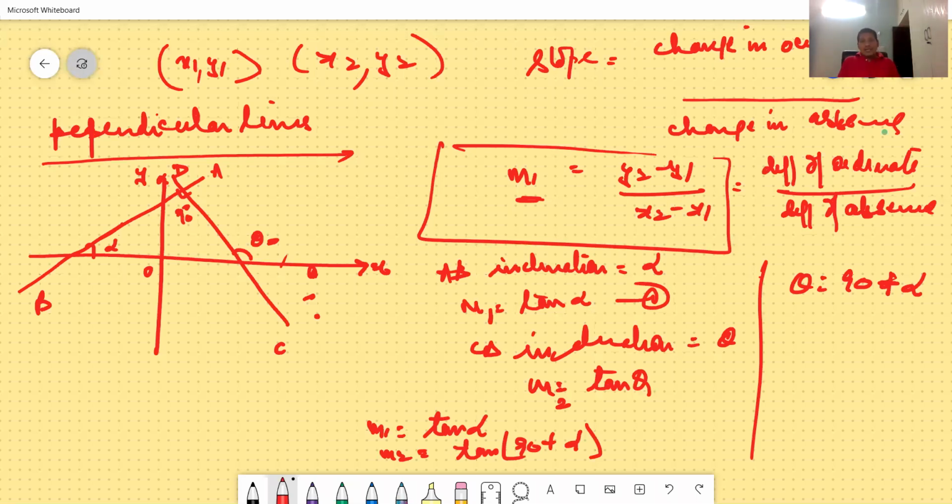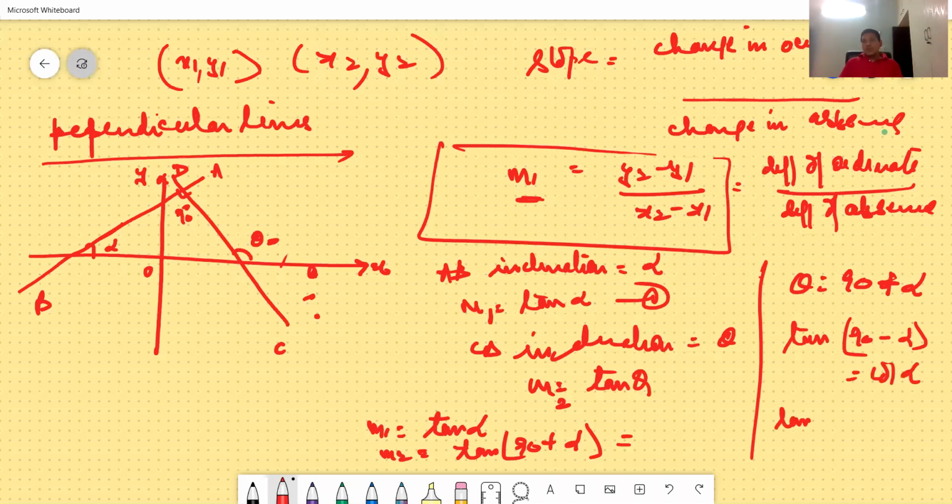Now tell me, what is the formula for tan(90 plus theta)? You have not learned that. So understand that tan(90 minus theta) is cot theta. अब ये पढ़ चुके हैं मुझे formula. tan(90 minus alpha) अगर लिखा होता यहाँ पर तो ये cot alpha है.